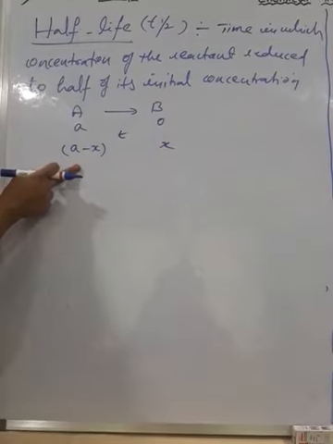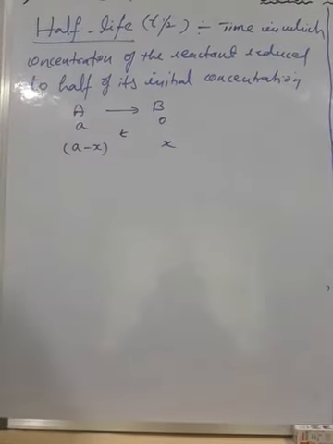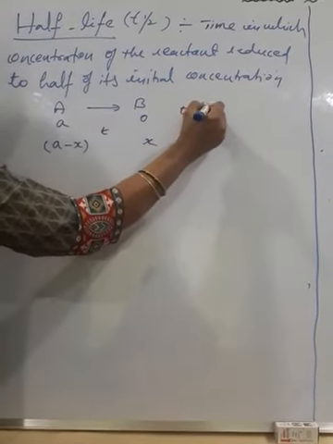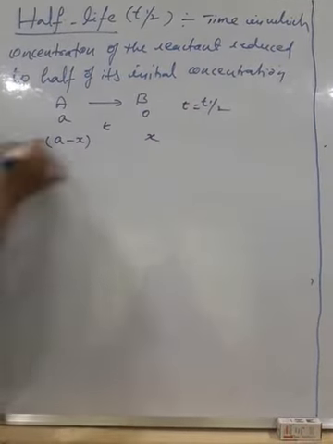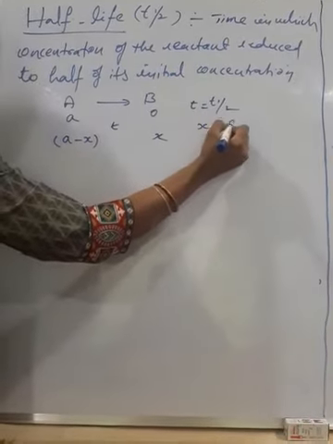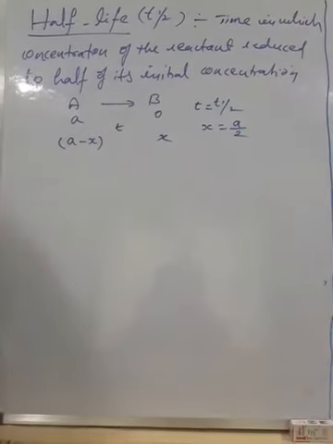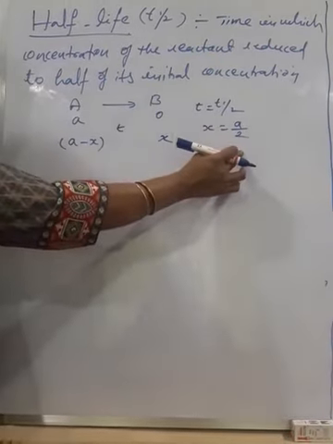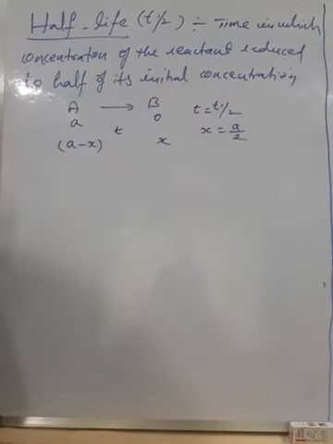For example, if t is equal to t half, then x is equal to a by 2.